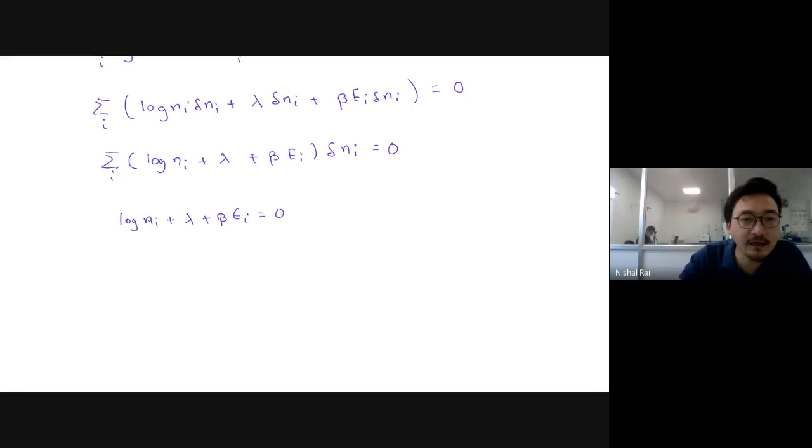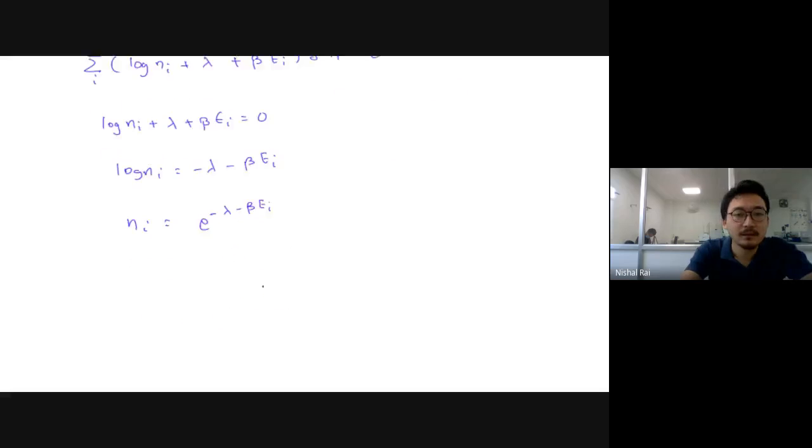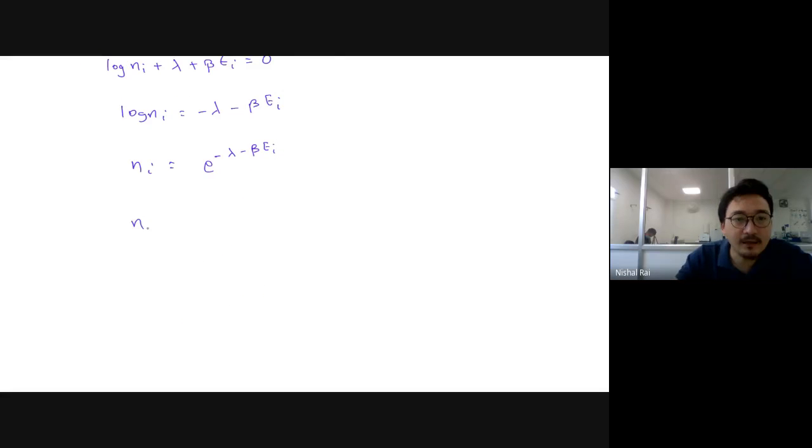So from here you can find log of Ni can be written as negative lambda minus beta Ei, or Ni can be written as e to the power negative lambda minus beta Ei. Or finally, Ni is equal to e to the power negative lambda times e to the power negative beta Ei. Or Ni can be written as some constant A times e to the power negative beta Ei.